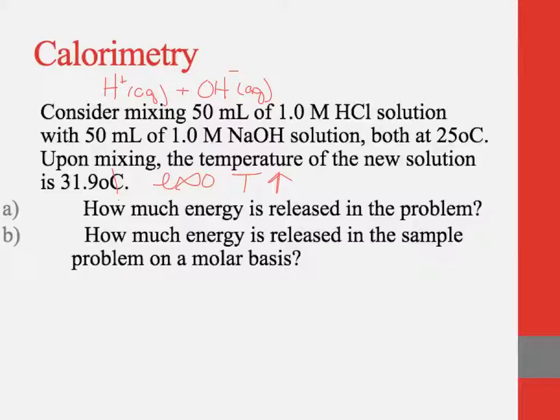And the only reason why this is important is because the solution is in water. So we know that the heat capacity of water is 4.18. The other thing that we know is that our delta T is going to be 6.9 degrees Celsius. That's the change between 25 and 31.9.